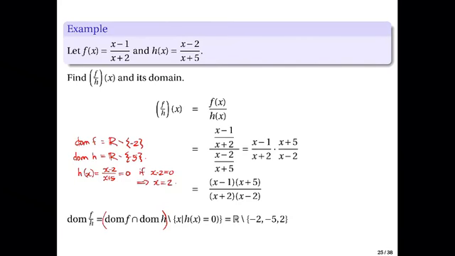So how come for h of x, the last thing we did, how come we did the x minus 2 equals 0? Because your h of x is a denominator. So there's a possibility that the denominator will be 0, this guy here. So you solve for h of x equals 0.